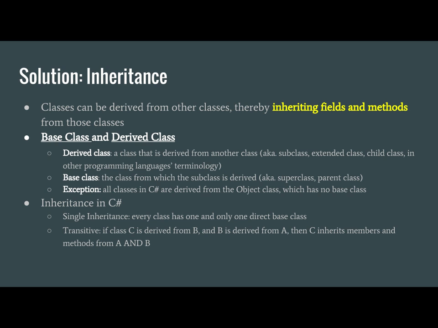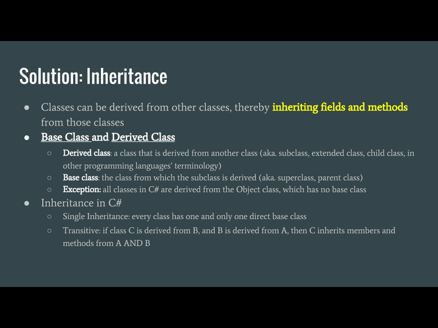The definition is that a class can be derived from other classes, thereby inheriting fields and methods from those classes. If we want to create Dog or Cat classes, instead of rewriting everything from scratch, we just inherit everything from the Animal class and make a little bit of adjustment so that the behavior of Dog and Cat matches themselves instead of just a generic animal behavior.